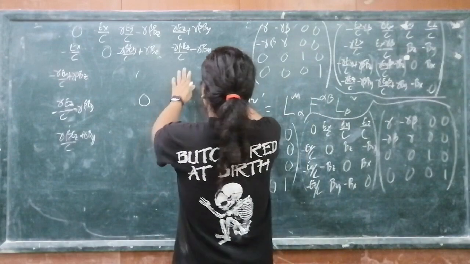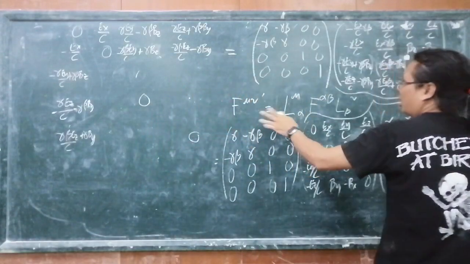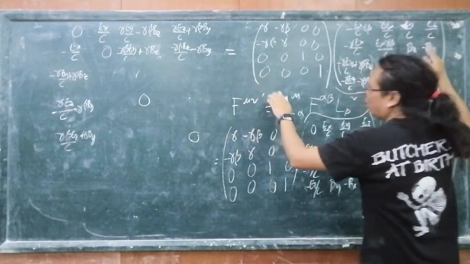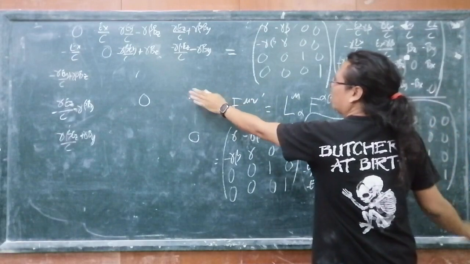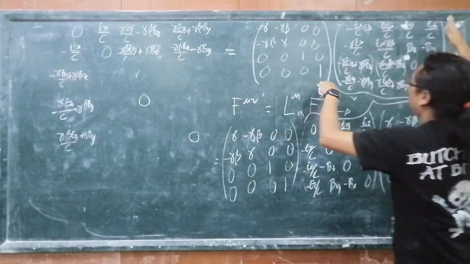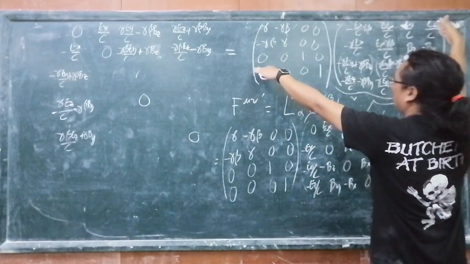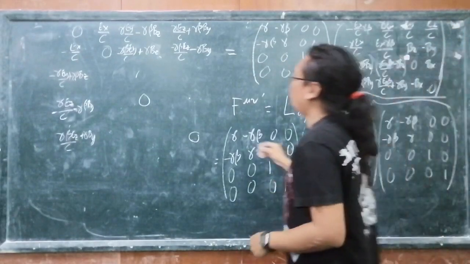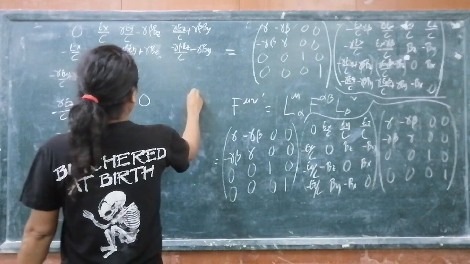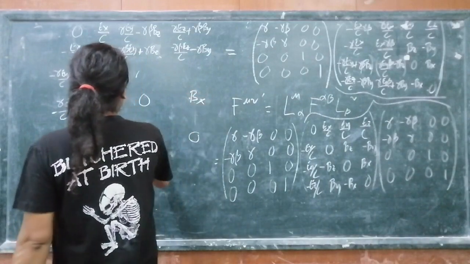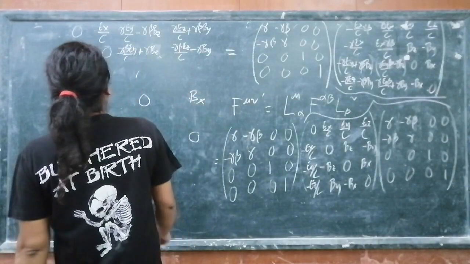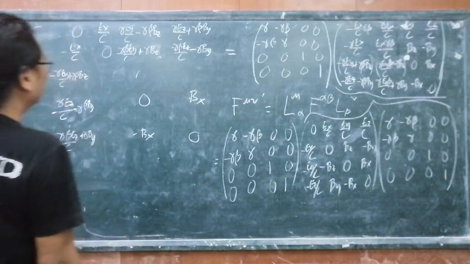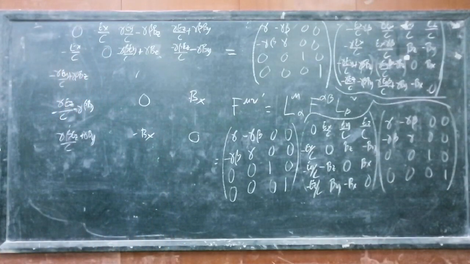So what is this here? This is row 3: 0, 0, bx, 0. So this is bx. So this is minus bx. And we're done.